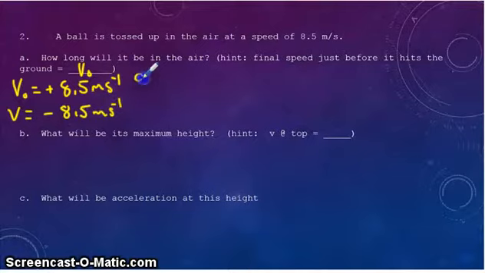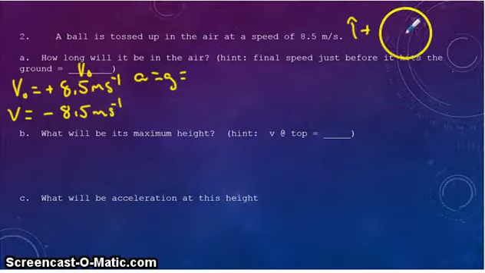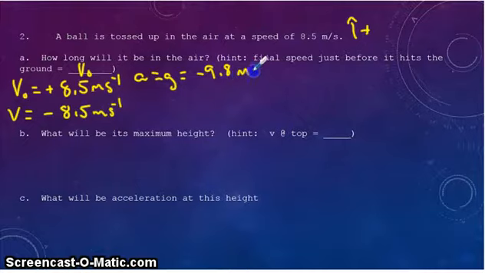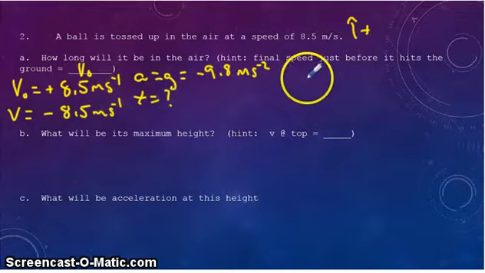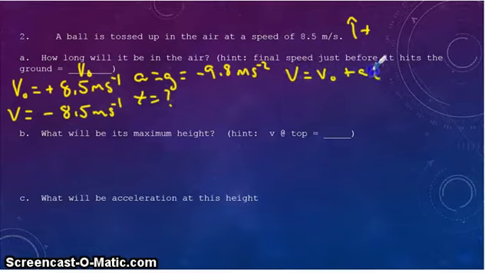Now, my acceleration is going to be g. But if I'm throwing it up positive, the acceleration is always in the downward direction, so it will be a negative 9.8 meters per second squared, and I want to know how long it's in the air. So t is my unknown. Relating what I know to what I'm trying to find out, I have v equals v naught plus at.